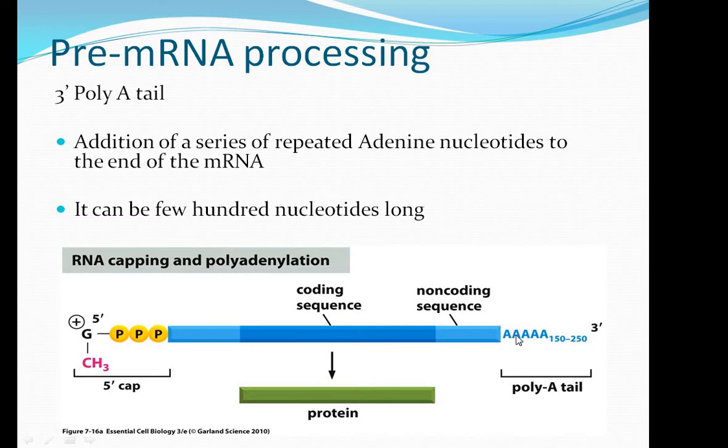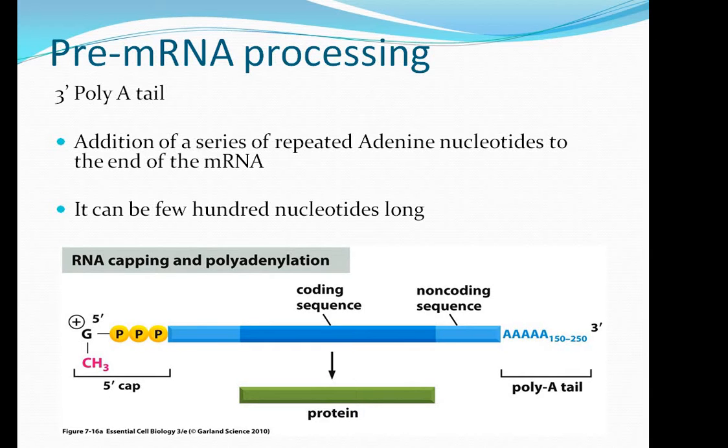This is known as the addition of the poly-A tail, and the phenomenon is known as polyadenylation.